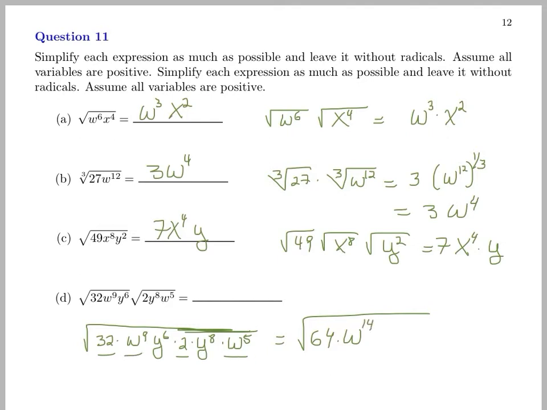And then y to the sixth times y to the eighth. Again, we add the exponents, and that's y to the 14th. So this is the square root of 64, square root of w to the 14th, square root of y to the 14th, and that's going to give us 8 times w to the 7th times y to the 7th.